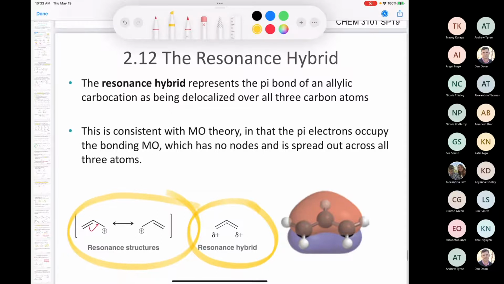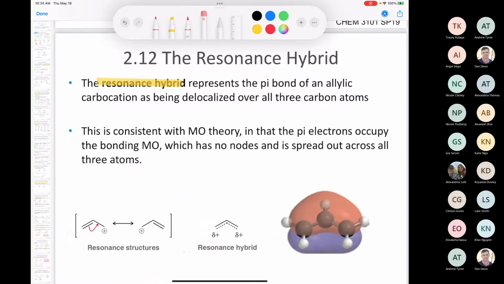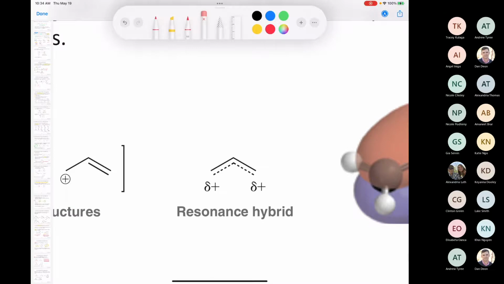So the resonance hybrid represents the pi bond of an allylic carbocation as being delocalized over 3 carbon atoms. That's what's shown here. This dashed line represents the pi bonds, okay?